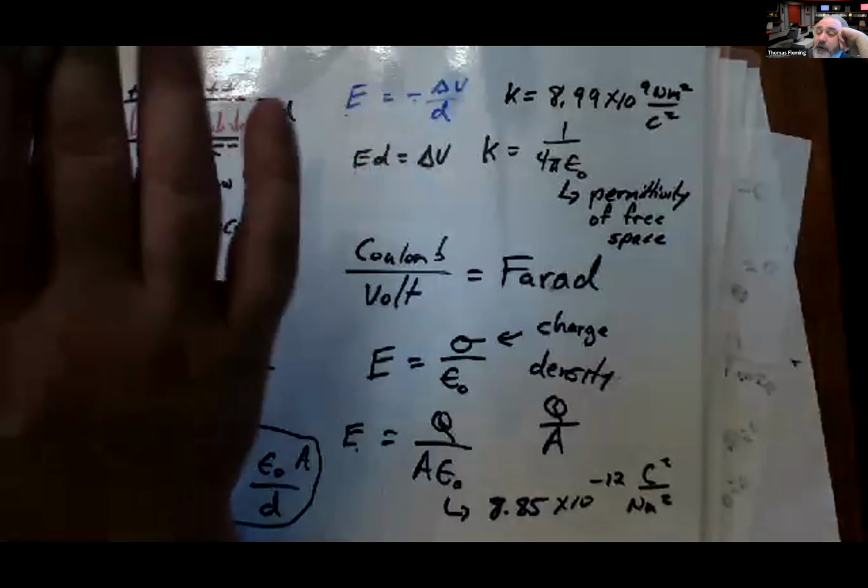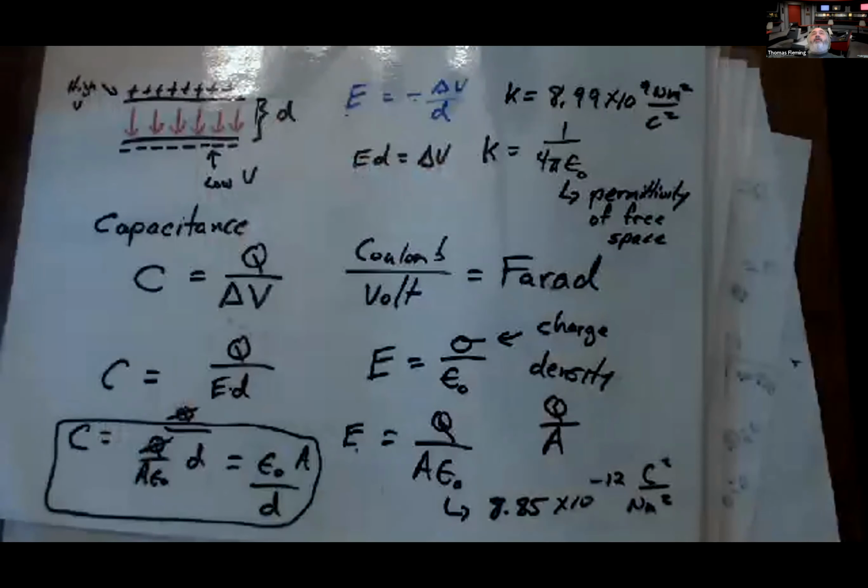I don't want that. So what I have to do is put in something that is a non-conductor, something that charge cannot flow through, something like rubber or glass. That material will keep the charges separate, and it won't let the charge leak through the gap. The term we use for that is dielectric.